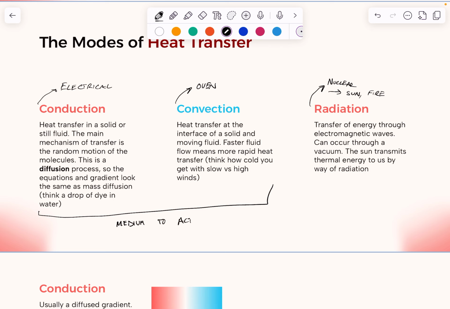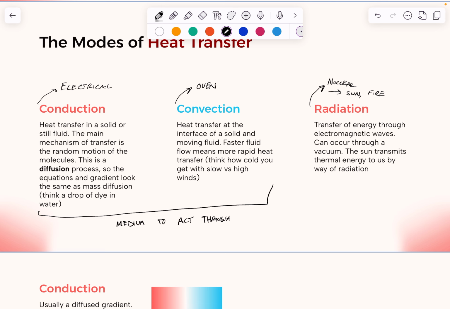Radiation is not beholden to any particular medium. It can occur through a vacuum, and that's how the sun transmits its thermal energy to us by way of radiation. We've got all those millions of miles of vacuum in between us and the sun, and we still feel its heat, and that is because of radiation.